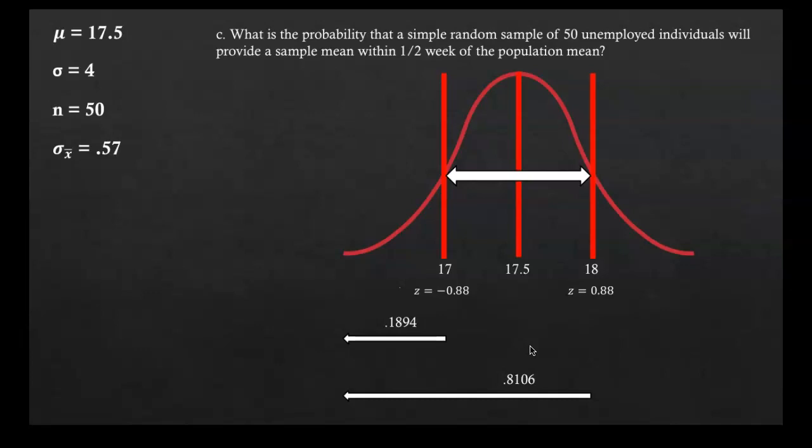Again, we're looking for the area between those 2 points on our bell curve. And whenever we're looking for the area between 2 points, we want to subtract our two areas. So we take 0.8106 and subtract 0.1894 to find our final probability answer of 0.6212.